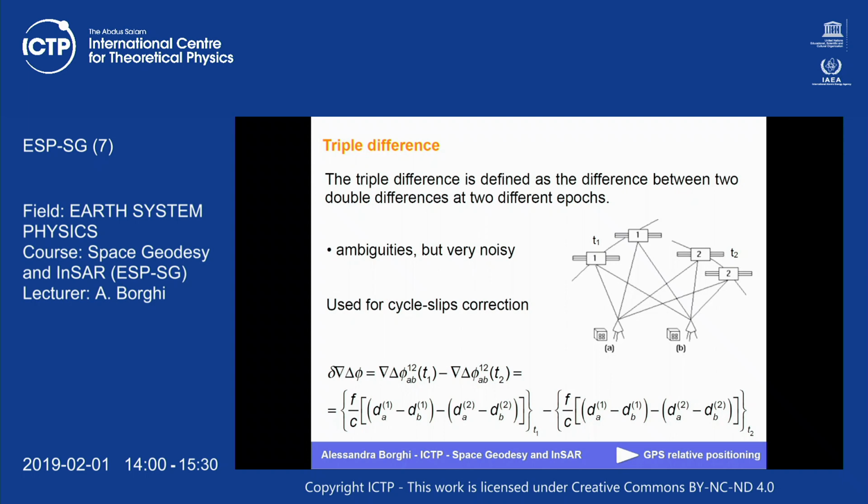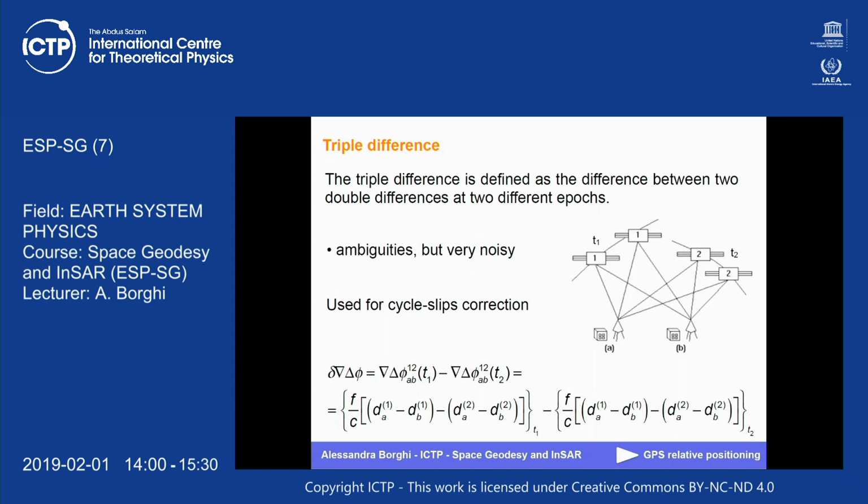We start to count the integer number of cycles of the carrier, a periodic signal, and we don't know how many cycles we had in the distance between satellite and receiver at that time.